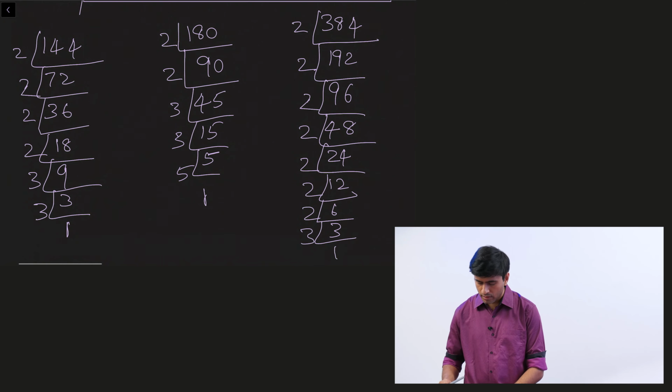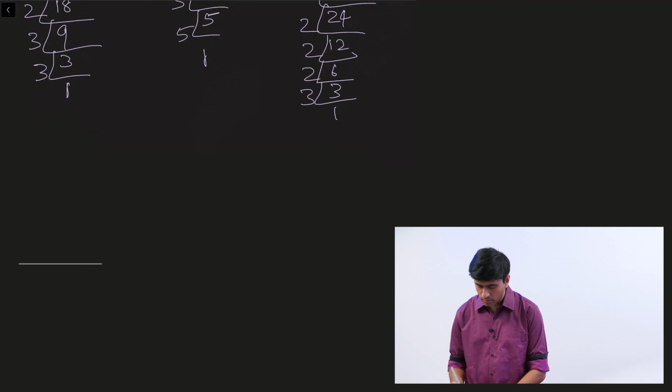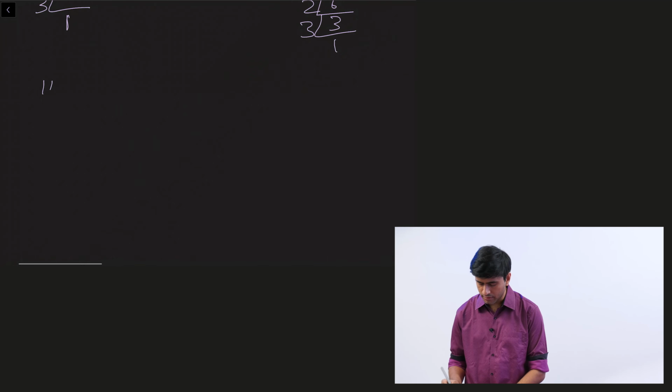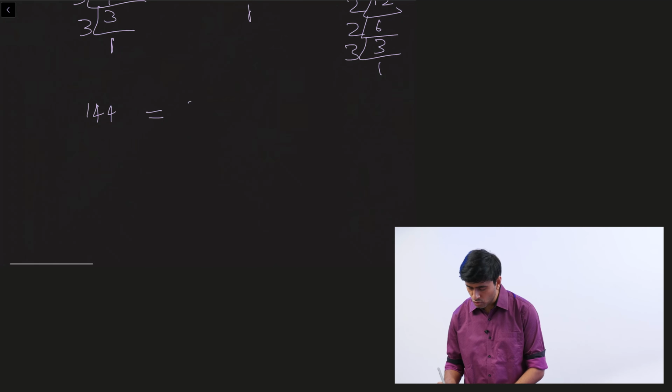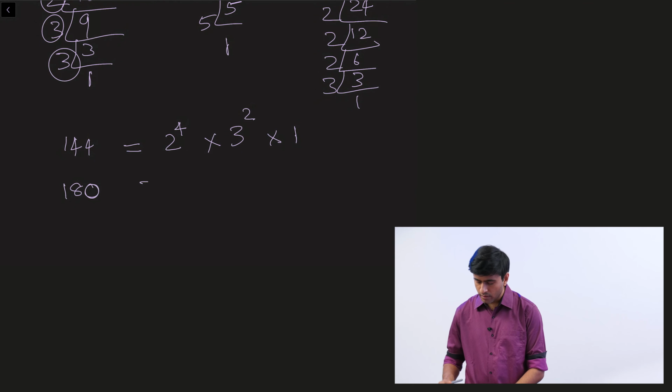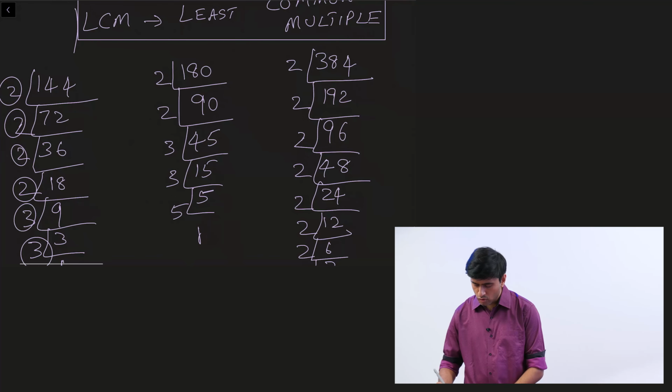There you go. Now I'm going to list down all the prime factors. 144 has how many 2's? 1, 2, 3, 4 2's. So I write it as 2 to the power of 4. You remember the exponential form. And then it has got 2 3's, 3 square or 3 to the power of 2, and 1. How about 180? The prime factors are 2 2's and 2 3's.